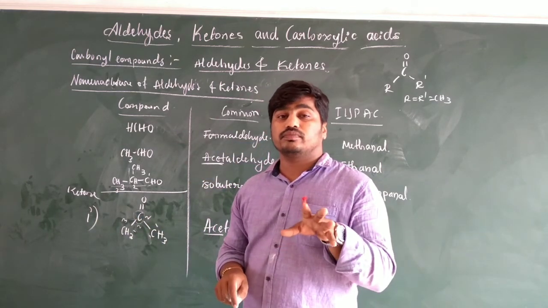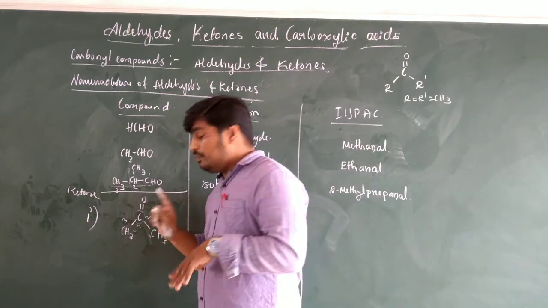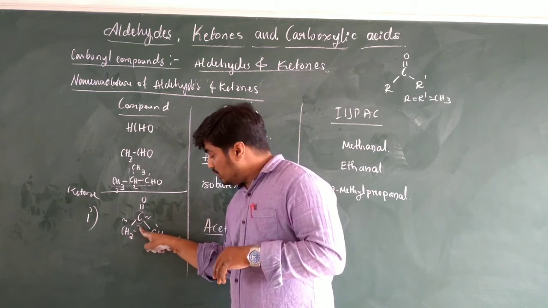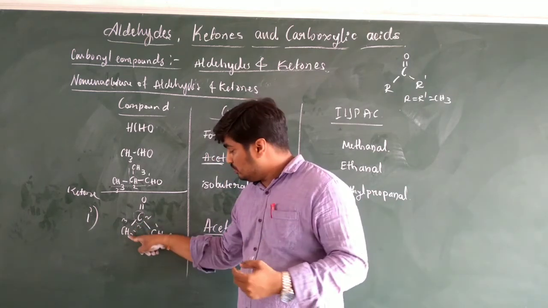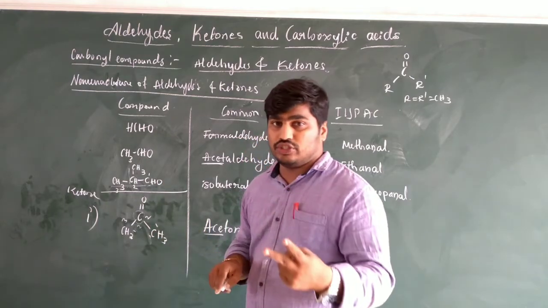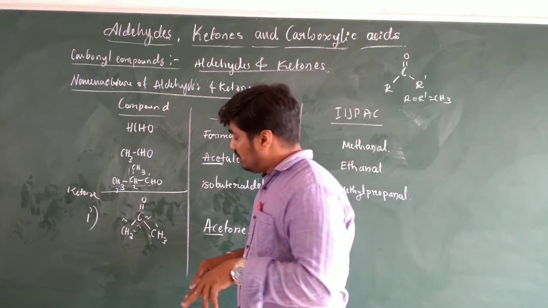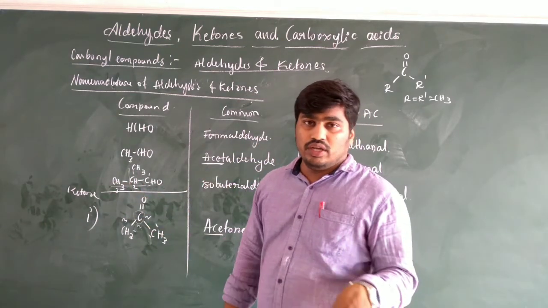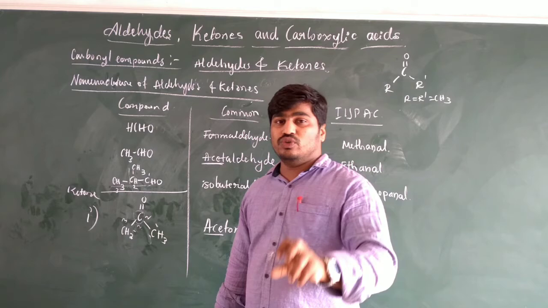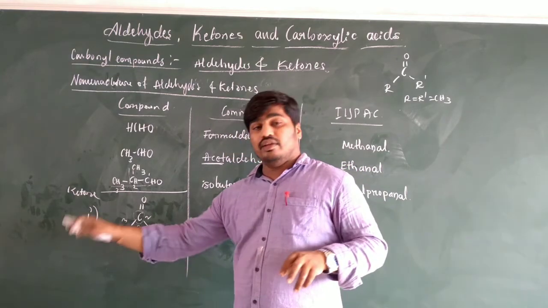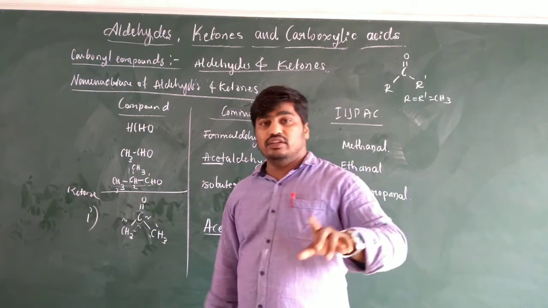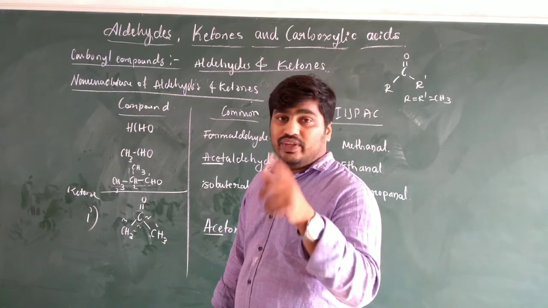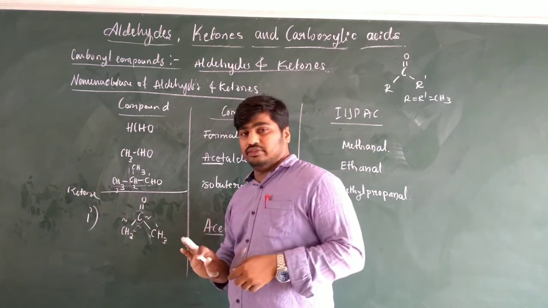But the carbonyl carbon should get the least number. Suppose you are going in this way, the carbon gets number 2. Coming from this side, the carbon gets 2. Therefore, in both cases it is the same. Therefore, there is no worry. Suppose it contains a long chain on both sides, at that time, please remember, the number should start from the carbon very near to the carbonyl carbon.